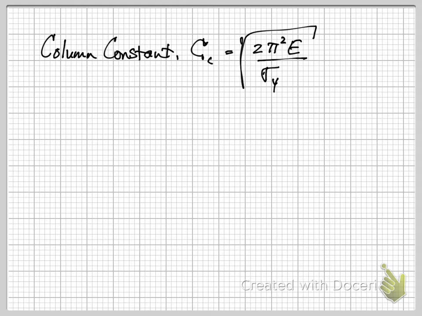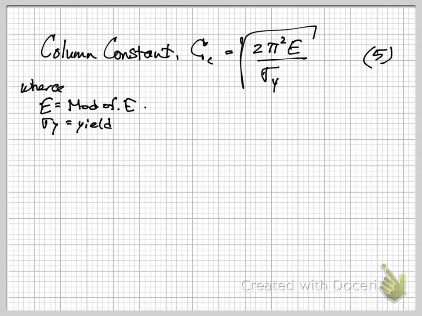This will be our equation number 5. This is the definition of column constant, where E is still the modulus of elasticity of the material, sigma y is the yield stress, and C sub c is the column constant.